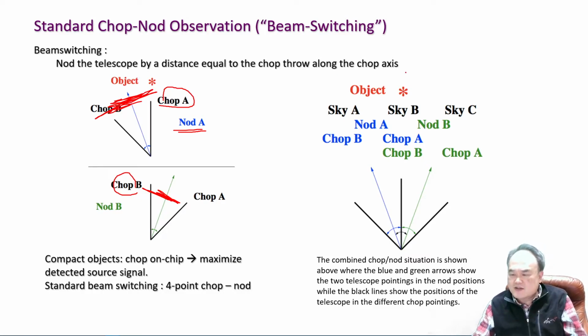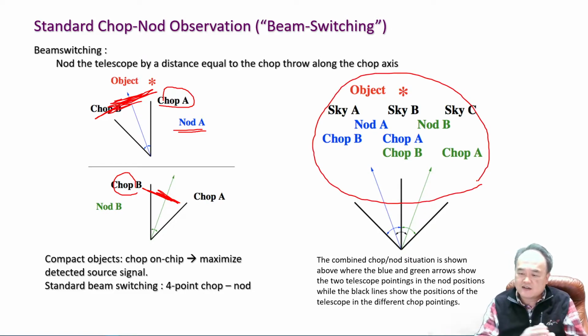By arranging this nod and chop pair of movements, we can do the so-called double differencing. Chop A minus chop B in a given nod position, and that difference image is subtracted one more time for the nod pair.